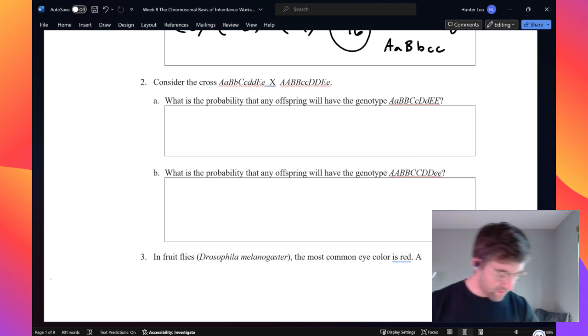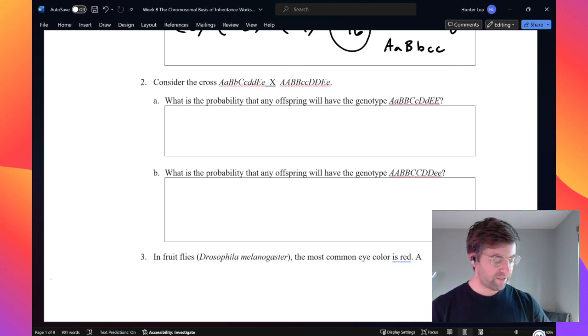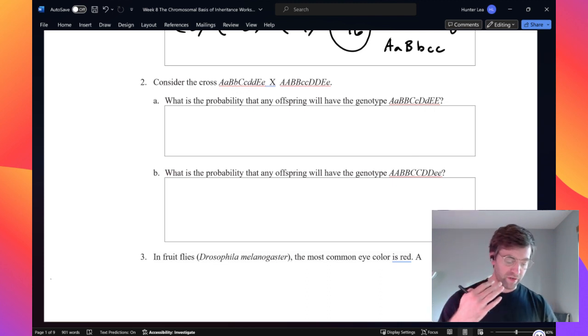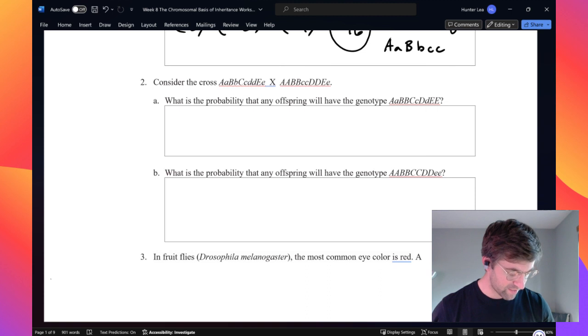So, in looking at this, very briefly, we can't rule anything out yet. It would be really easy to rule something out, like if they were asking if there was a possibility of a dominant gene that wasn't present in any of the crosses.